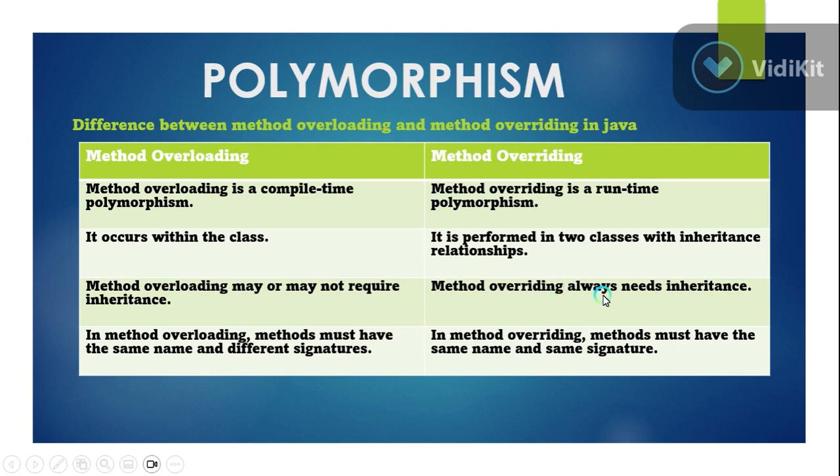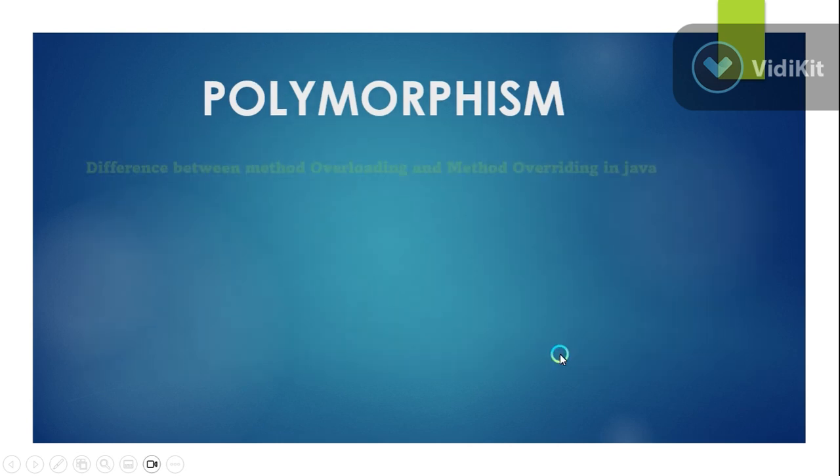So we use the inheritance concept in method overriding. In method overloading, methods must have the same name and different signatures. Right? In method overriding, methods must have the same name and same signature.